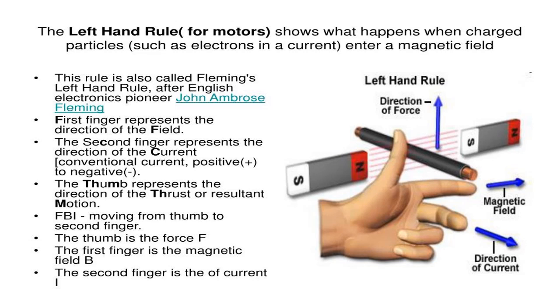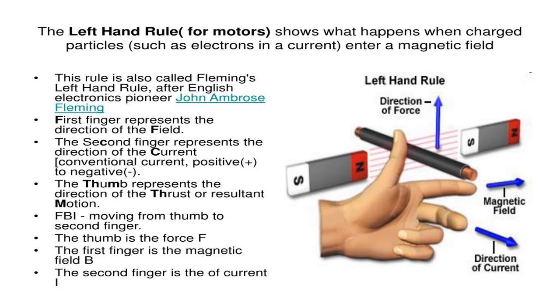Same as Fleming's right hand rule, in Fleming's left hand rule also, we need to place the thumb, first finger and second finger mutually perpendicular.